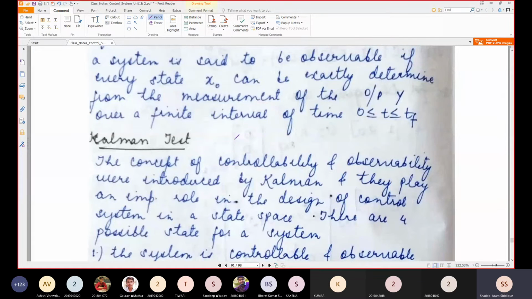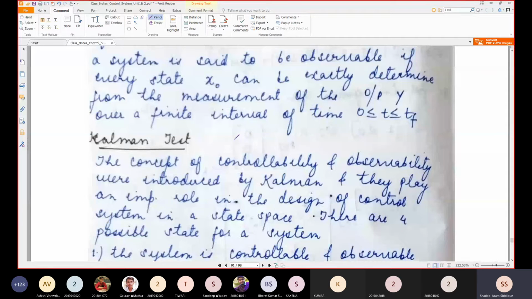So that is the state space. Now there are four possible states for a system. So we have two things, controllability and observability, so there will be four combinations. The system will be both controllable and observable.